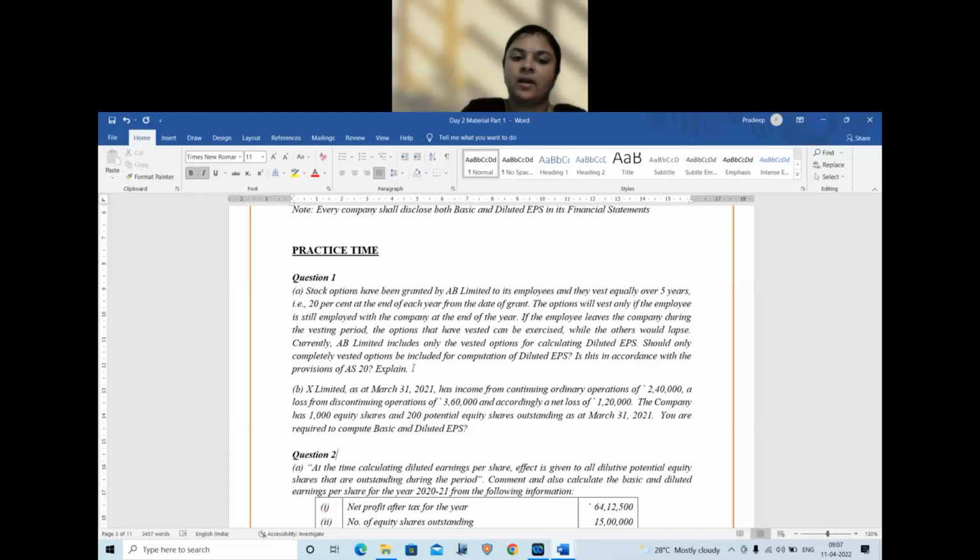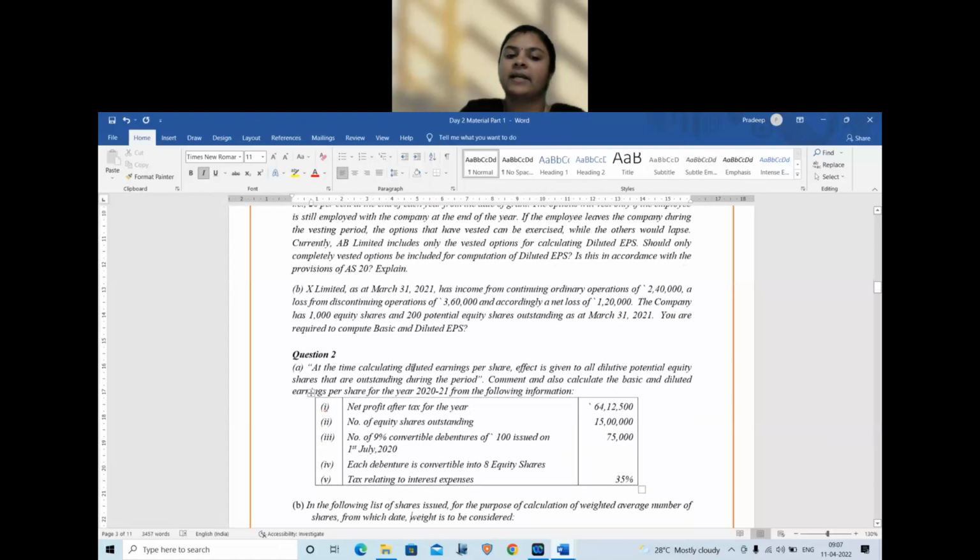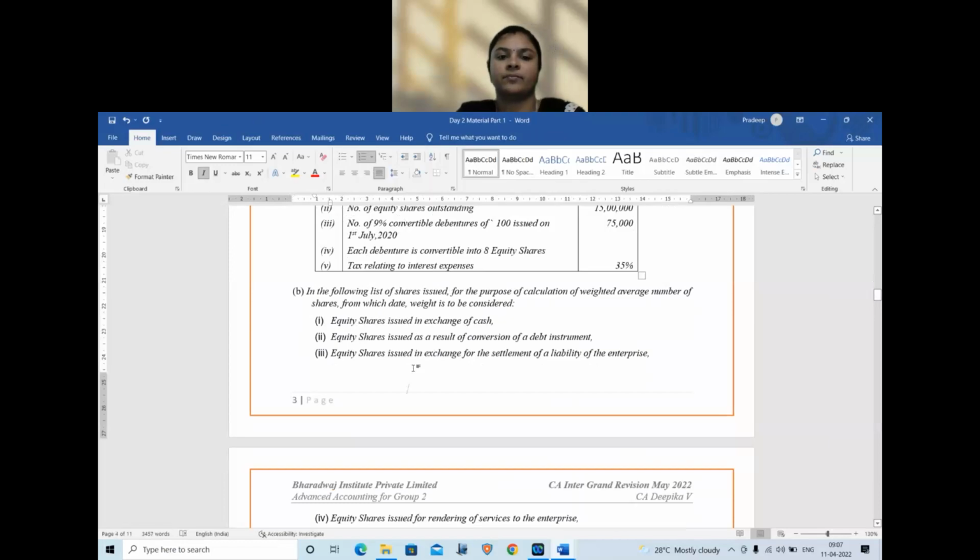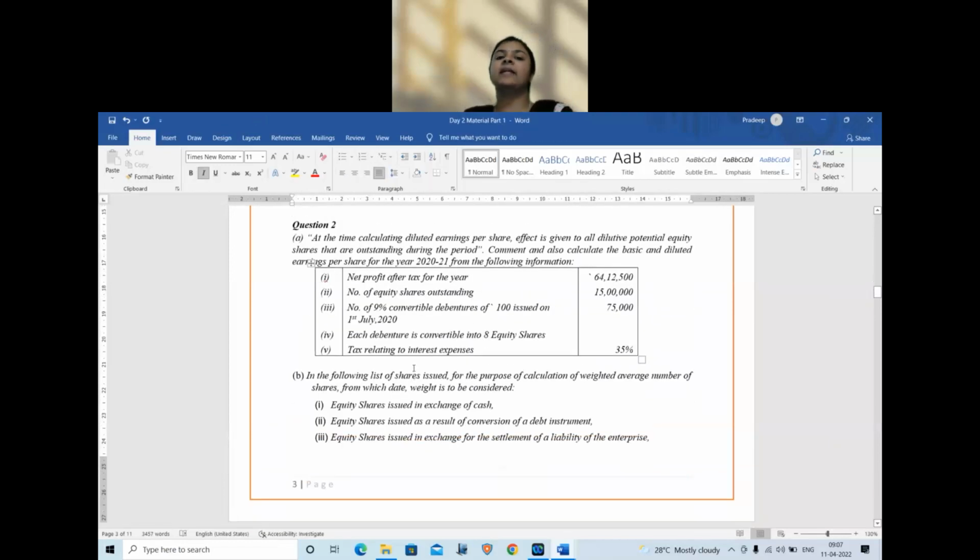Next. Question number 2. This is a practical question. At the time of calculating diluted earnings, effect is given to all dilutive potential equity shares that are outstanding at the end of the period or outstanding during the period. Is the statement correct or wrong?